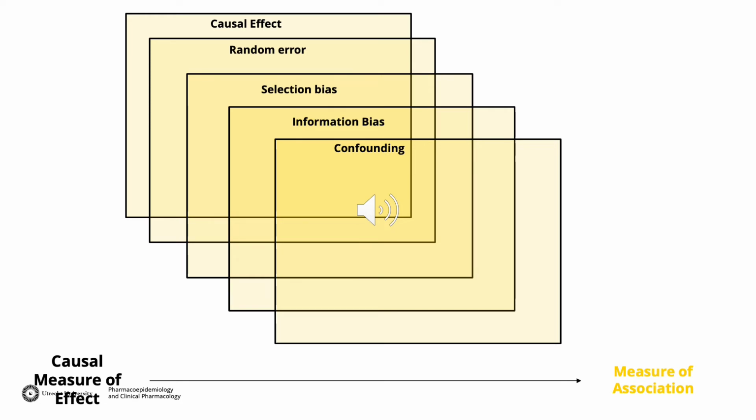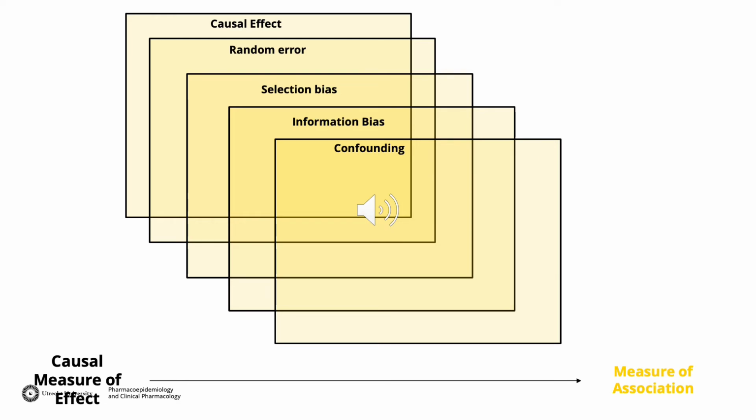You want to determine if there's a cause and effect relationship between a medication and an outcome. So for example, does rofecoxib cause an increased risk of myocardial infarction compared to another NSAID?